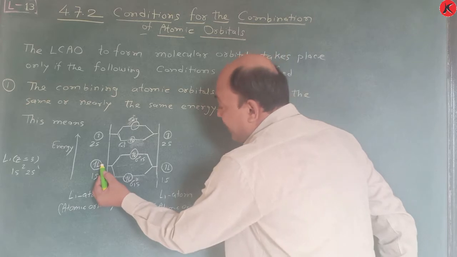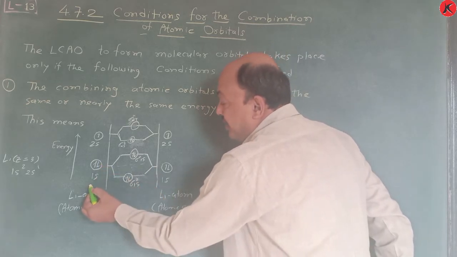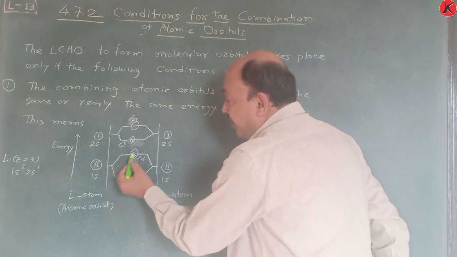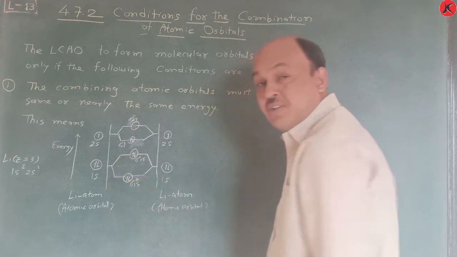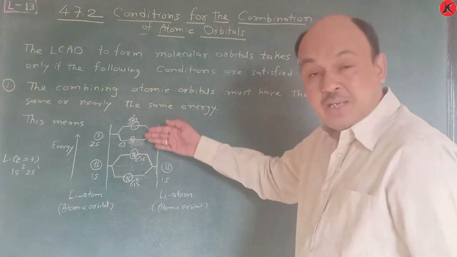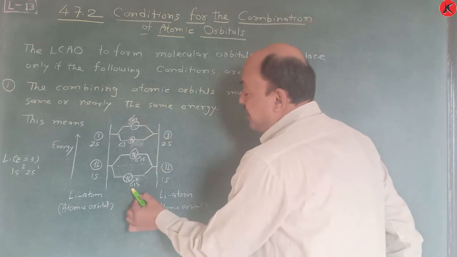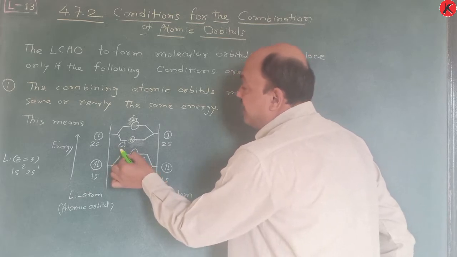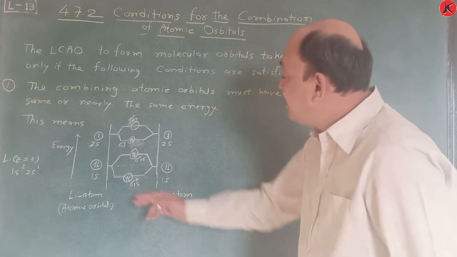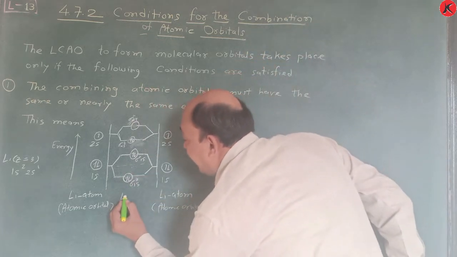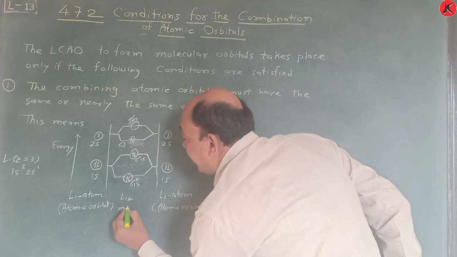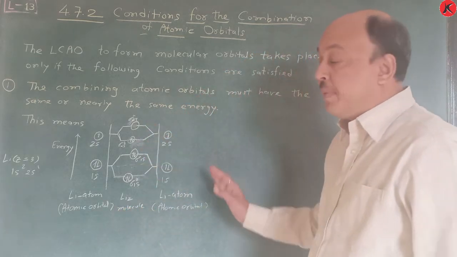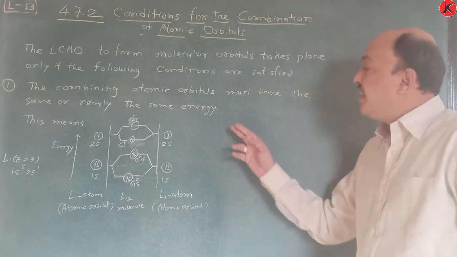So the 1s of one lithium atom and the 1s of the other lithium atom form BMO and ABMO by sharing electrons, sigma 1s and sigma star 1s, then sigma 2s bonding and sigma star 2s. This is the electronic configuration of the Li2 molecule, which we will study later, but this is a very important part. So make a screenshot of this and write it completely.